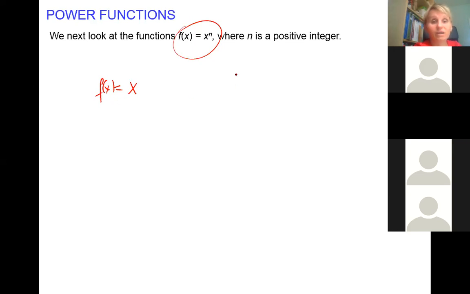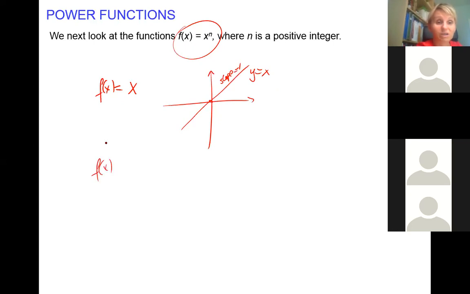We don't even have to think about any formulas at the moment. That means this is a line, this is my function x, and the slope is 1, which means the derivative is 1.